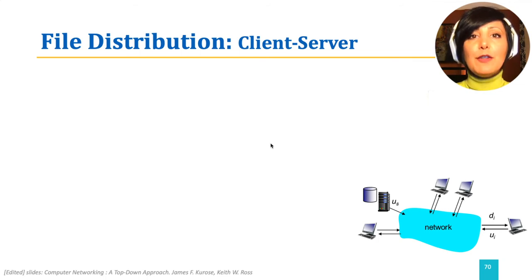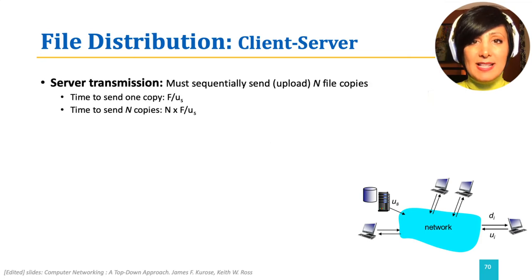So, if US is the server upload capacity and UI and DI are each client's upload and download capacity, with file size F, the time to send one copy from the server will be F divided by US. With n clients, the server has to send the file n times in response to each client request, and the time to send n copies will be n times F divided by US. This increase will be linear in n.